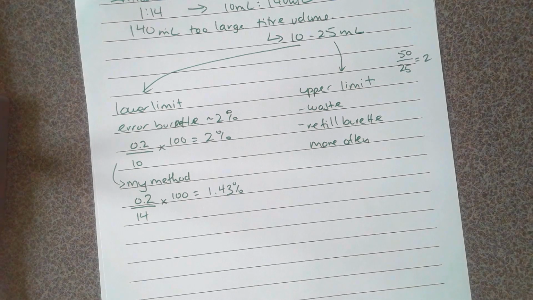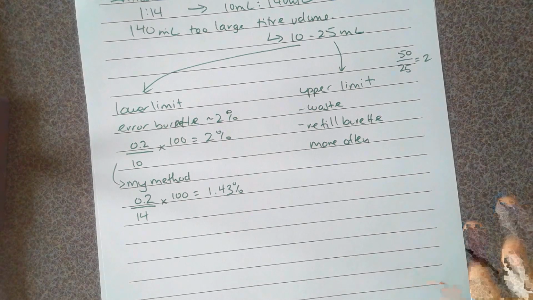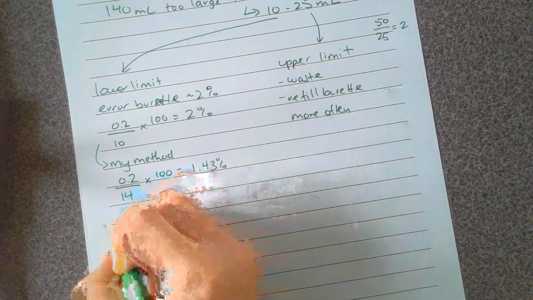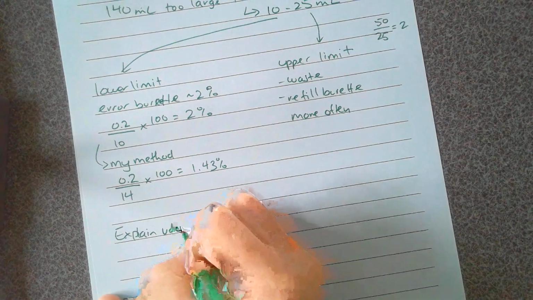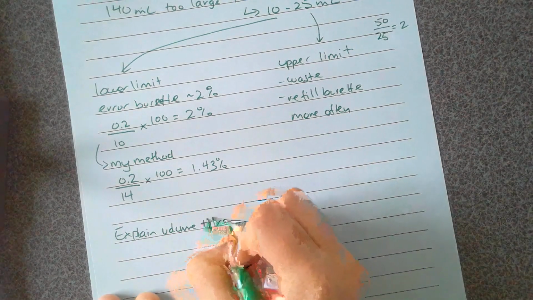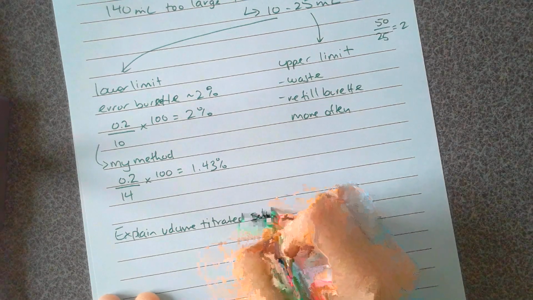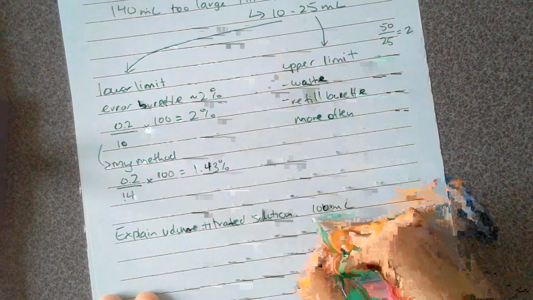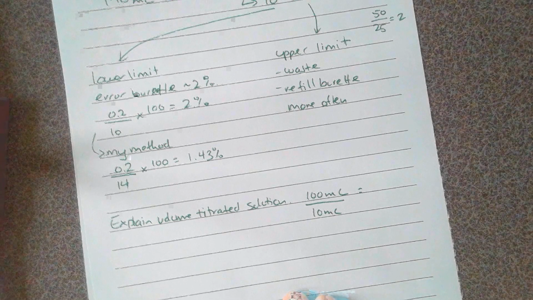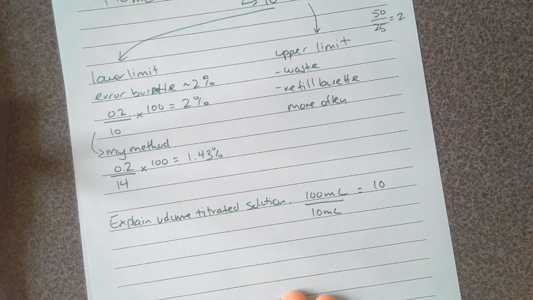What have you decided? The other thing you can think about is the volume of diluted solution you made. So if I made 100 mils and my aliquot was only 10 mils, how many titrations can I do? 10.